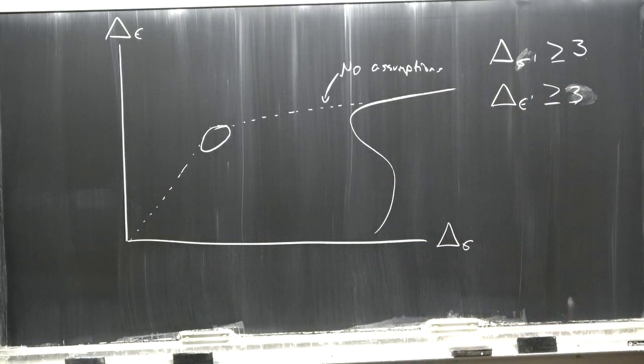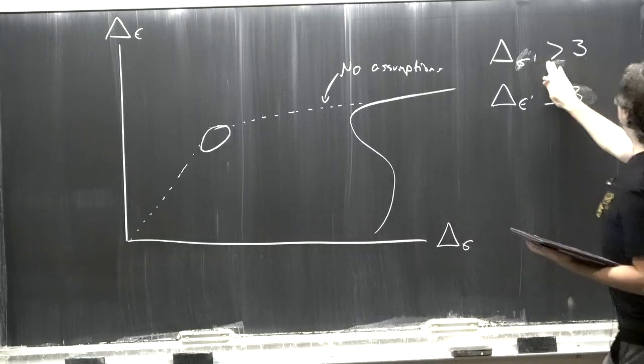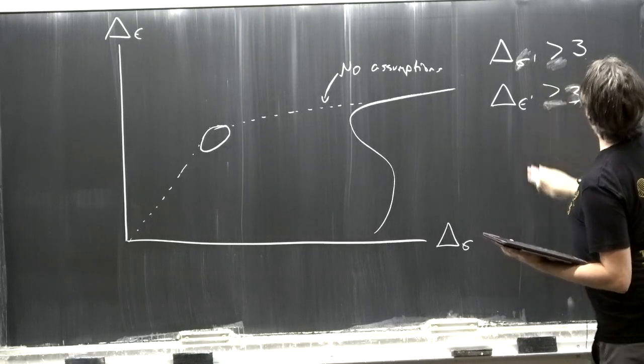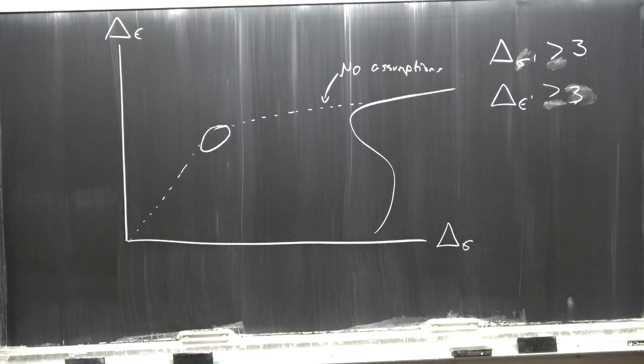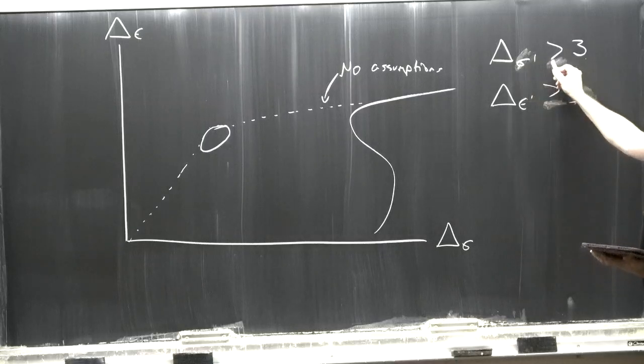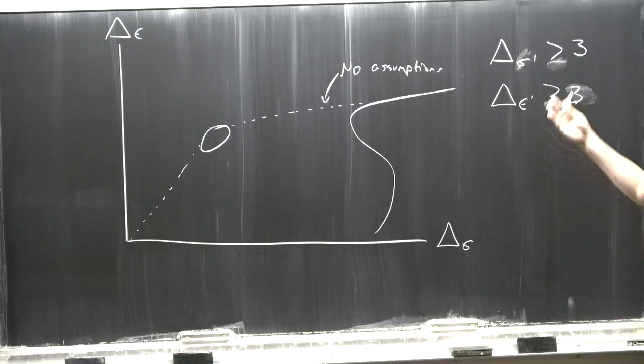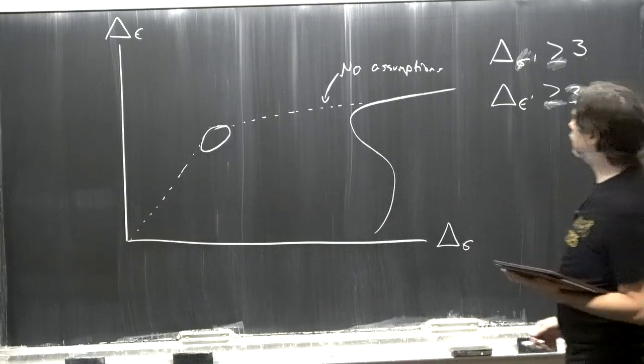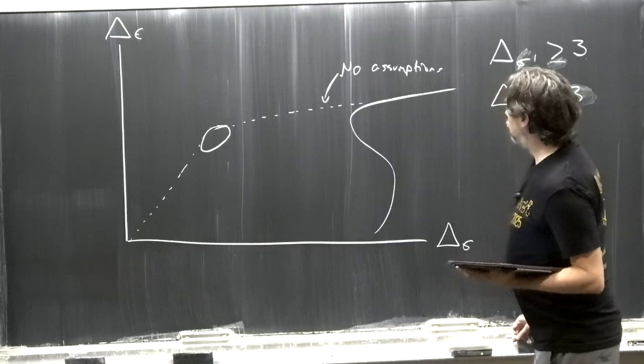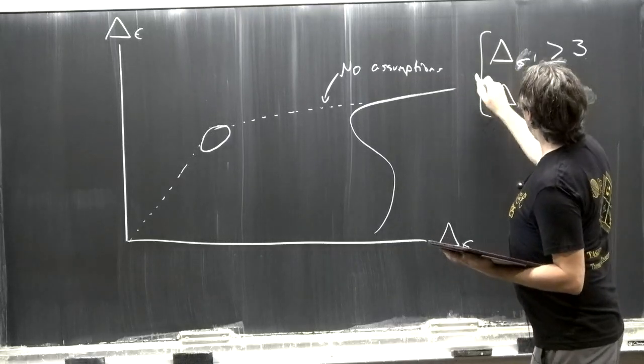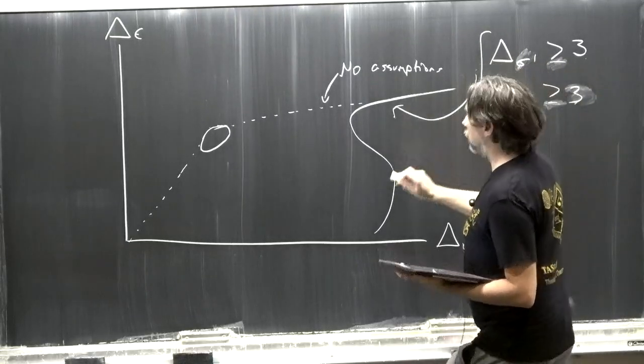You're assuming greater than or equal to? It doesn't really matter, because you said irrelevant. I said irrelevant. Strictly speaking, we allow them to appear at 3, so irrelevant or marginal, but it doesn't really matter. Okay, so now I've made these stronger assumptions, and then we get this region.